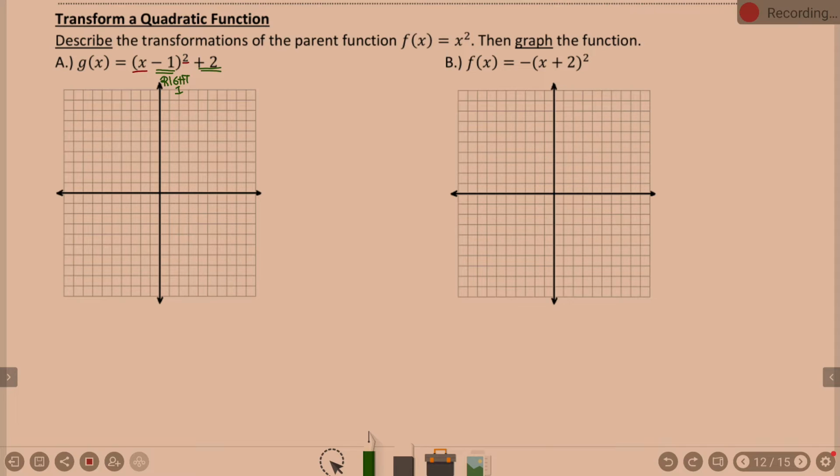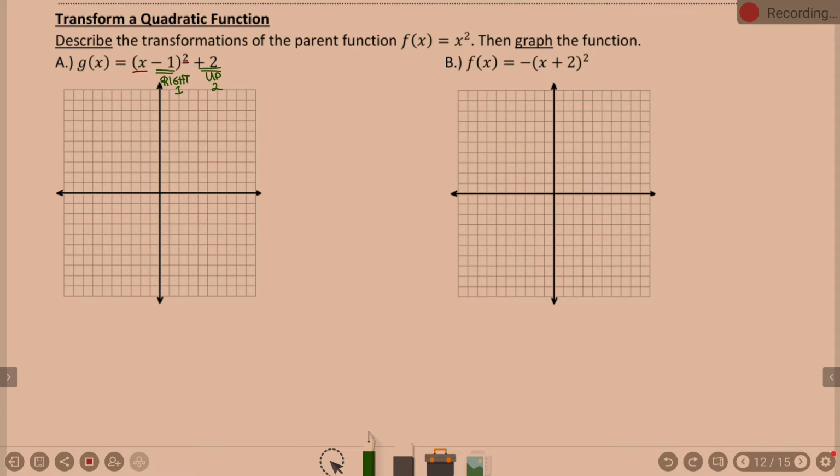Okay, the very top row right there. Plus C says we're going to go up C. So in that case, up 2.